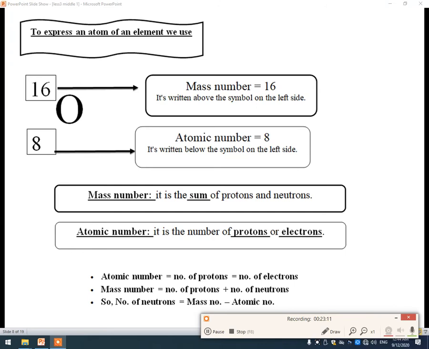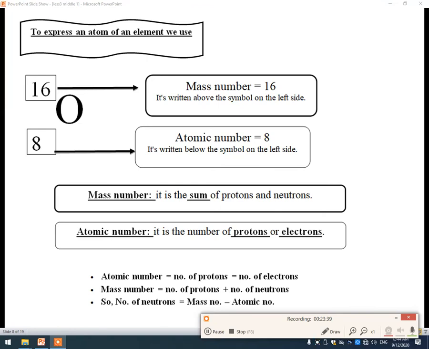So again, what's meant by atomic number? It is the number of protons or electrons. The mass number is the sum of the number of protons and neutrons. So in the same example, if I ask you, what is the mass number of oxygen? For sure it will be 16, the number which is found at the top left of the symbol.